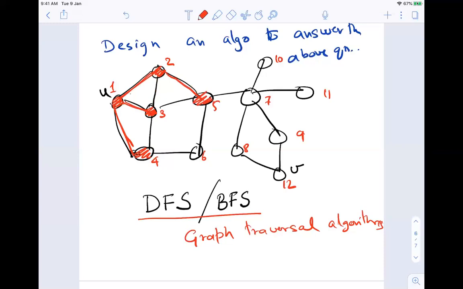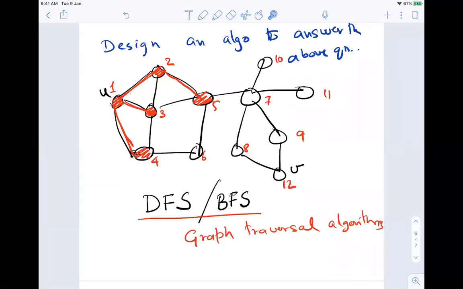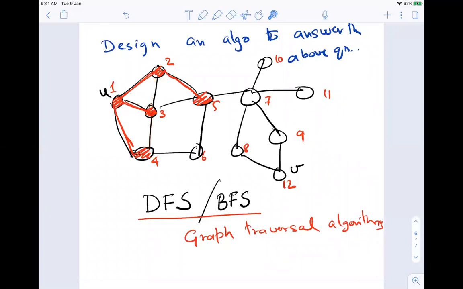Then I go to 3. Now 3 says, let me look at edge 1. No, it is already marked. Edge 2, already marked. Edge 4 is already marked. So all its neighbors are marked. Then I look at 4.